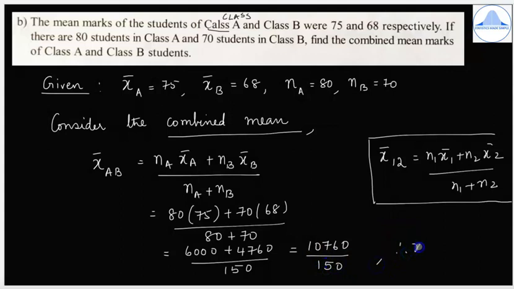So finally you get x bar AB, that is the combined mean marks for both classes together, as 71.73, and you can write the unit of measurement as marks.